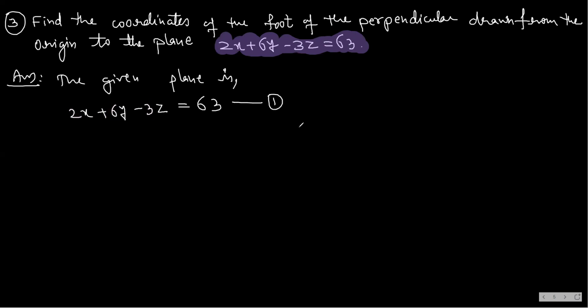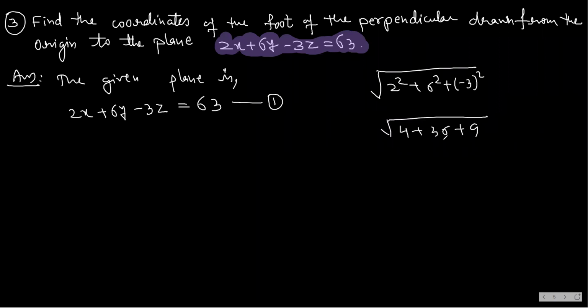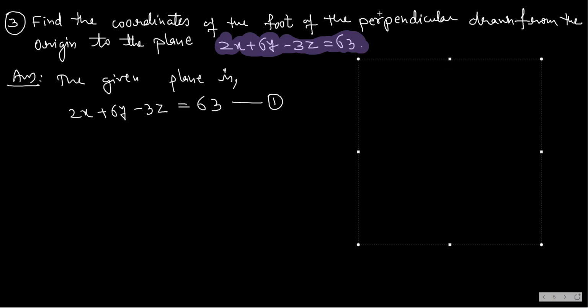I will divide throughout the equation by the square root of 2 squared plus 6 squared plus minus 3 squared. That is the square root of 4 plus 36 plus 9, that is 40 plus 9, 49. Root of 49 equals 7. So I will divide throughout the equation by 7.